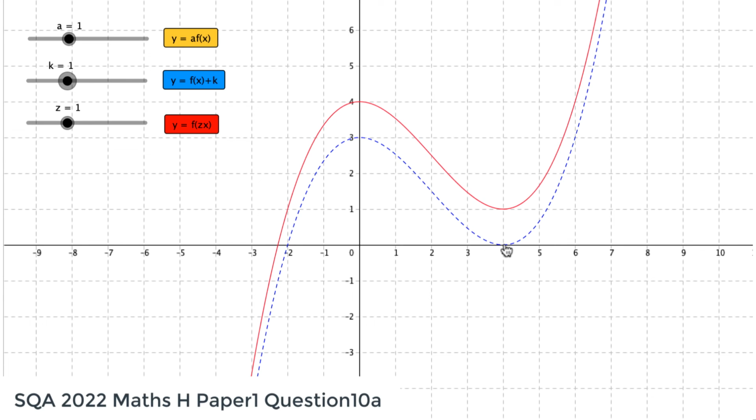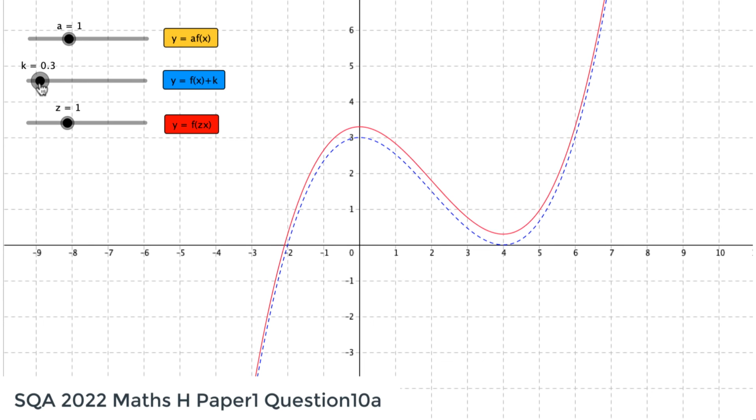Where the height is 0, it's now 1. So the whole graph has been translated by 1 unit parallel to the y-axis. All heights have had 1 added to them. So there's a height there of -3, it goes up to -2. So that's the effect of adding a constant at the end.